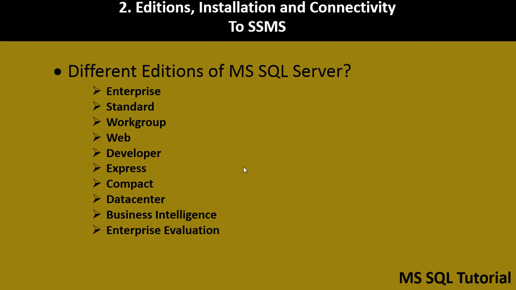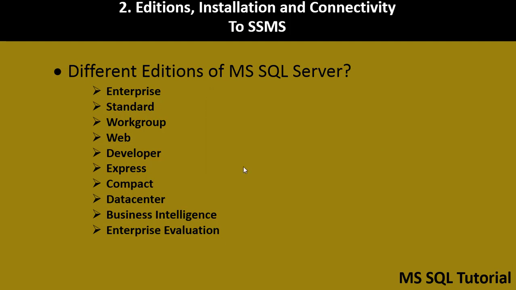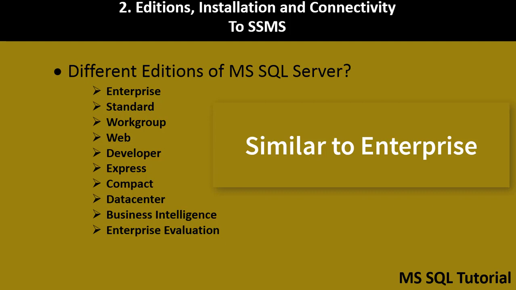Next, Web Edition. This is designed for web applications. If you have any kind of web application, like ASP.NET or PHP or HTML, that wants to connect to the database, in that case they will prefer the Web Edition of Microsoft SQL Server. Next, Developer Edition.